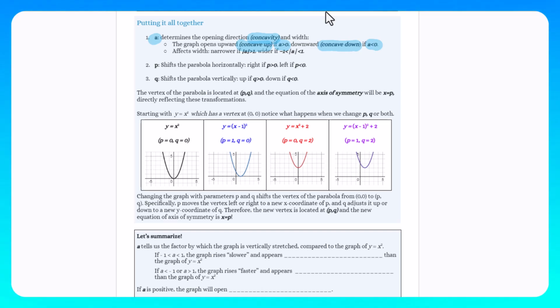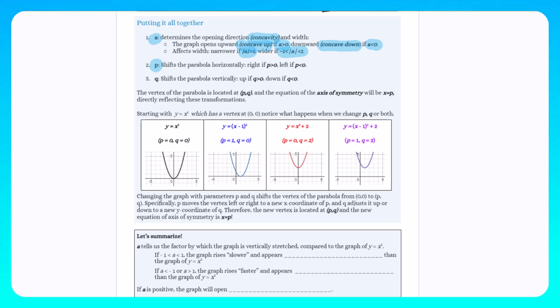We know that if the absolute value of A, for instance, in our previous example, when A was 2 or -2, it appeared narrower, but as A was between -1 and 1, where A does not equal 0, in other words, a fraction or a decimal, we found it got wider.